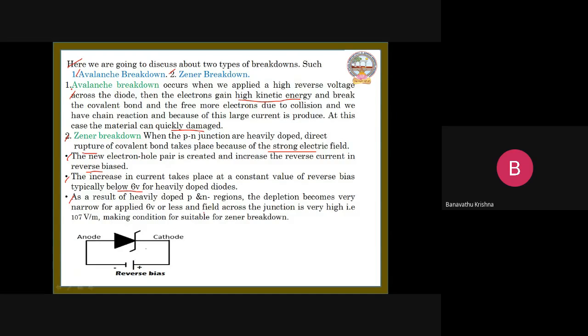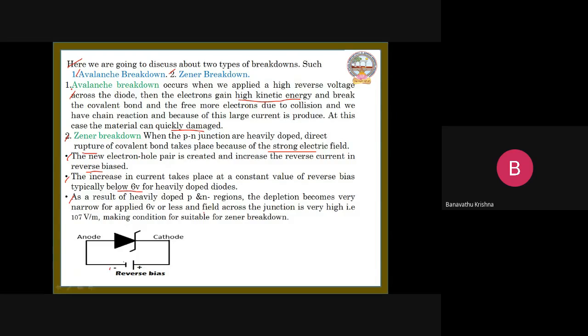And this is the circuit diagram for the Zener diode working in reverse bias condition. This is the anode, and for the anode we make the connection with the negative terminal. This is the cathode, and for the cathode we make the connection with the positive terminal.